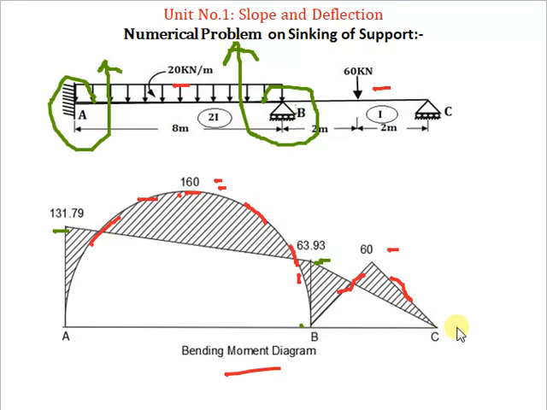And at C the moment is 0, so then you have to join with the line. It may be an inclined or straight line, so this is your end moment diagram. Then the portion which is not overlapped, that you have to hatch, and the portion which is overlapped is shown in white color.